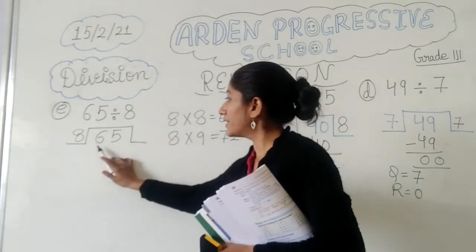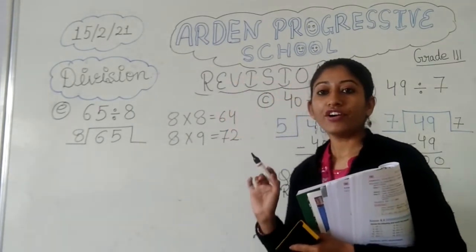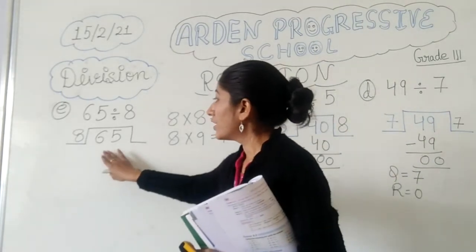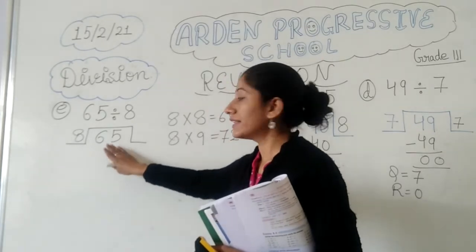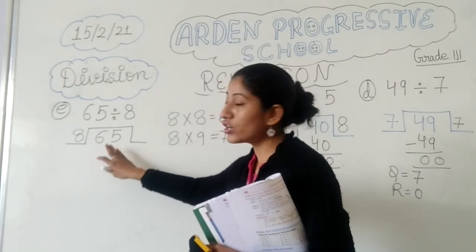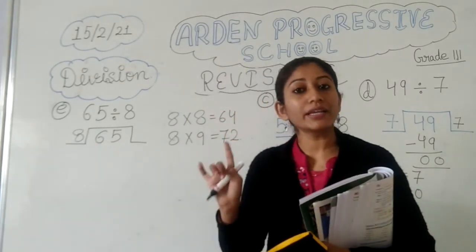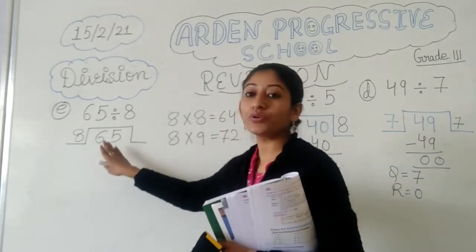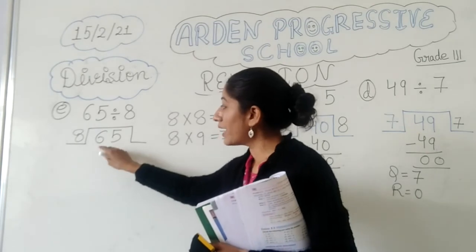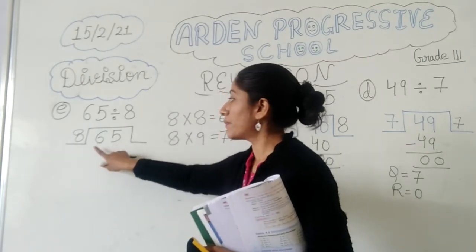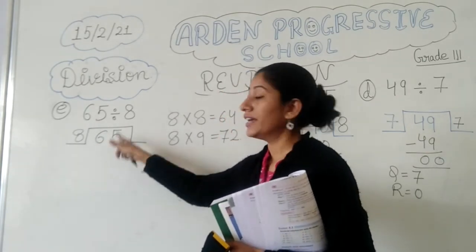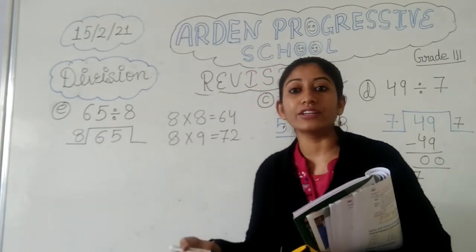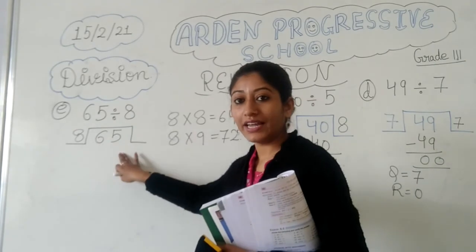Now we have to apply the table on 65. And for division, we know that this is the rule: the number which comes here should be either smaller than this number or similar, like 65 itself or less than 65, but we cannot take a greater number.